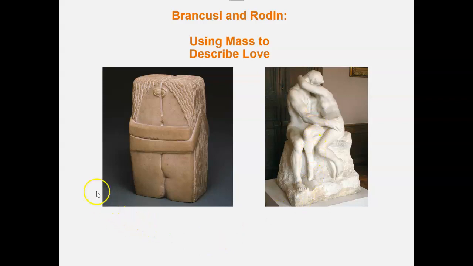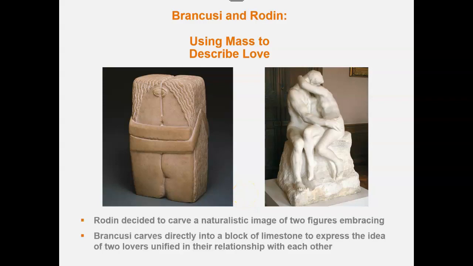But then we see Brancusi have the couple embraced, but the form is so different and very abstract. Yet if you think about the kind of communication that form creates, these really natural images and figures do describe the idea of love.